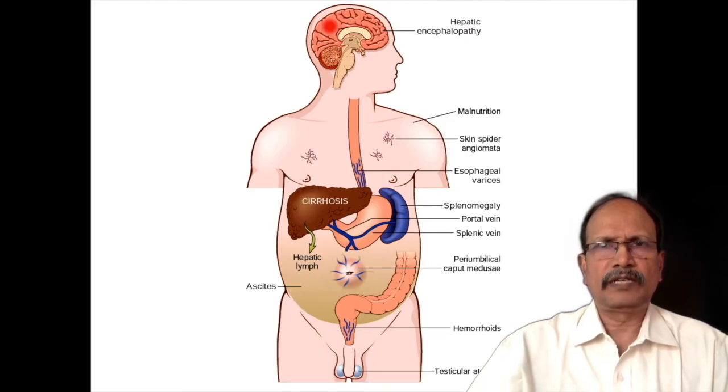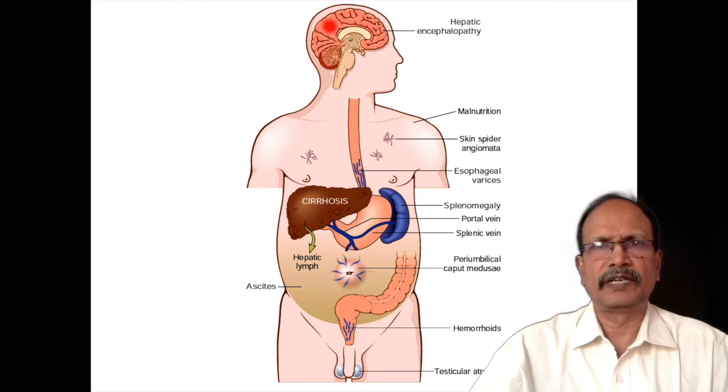And in cirrhotic liver, the patient will have different clinical manifestations depending upon the severity of the disease process. Because it's a fibrotic process, the liver becomes smaller, shrunken, and the surface will be nodular and irregular. And there will be an enlarged spleen, we'll call it splenomegaly.